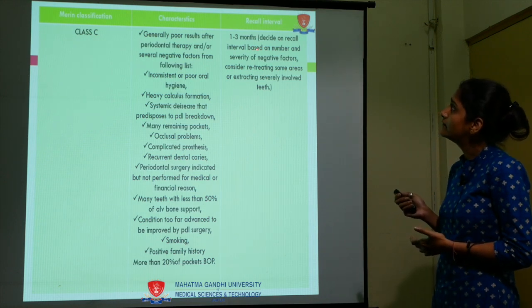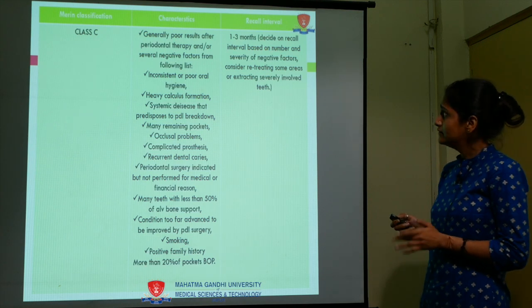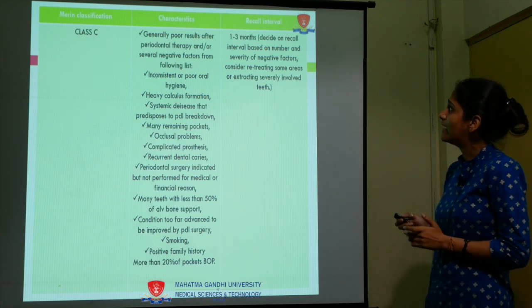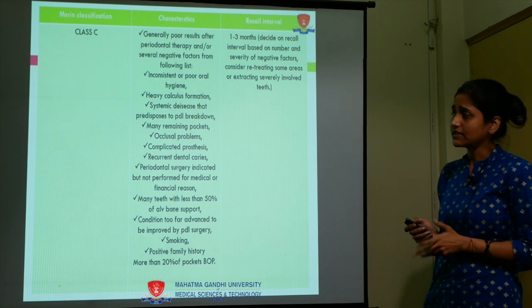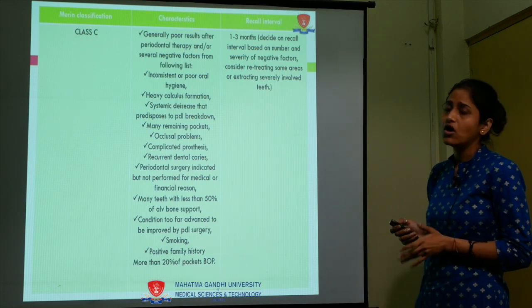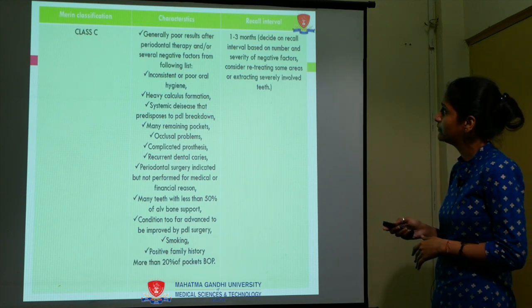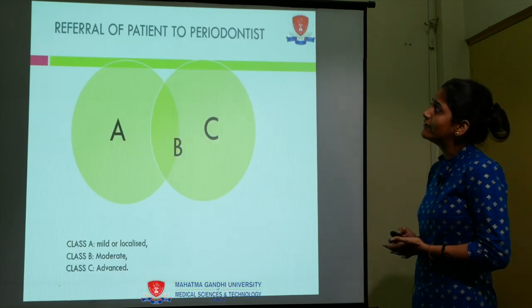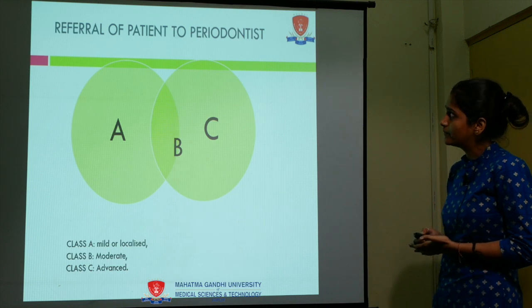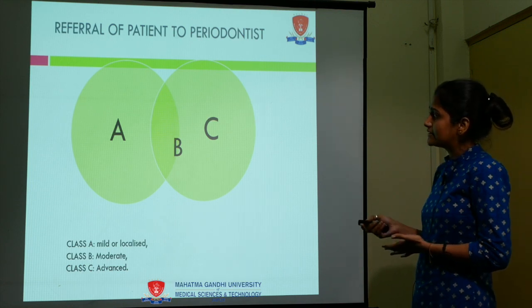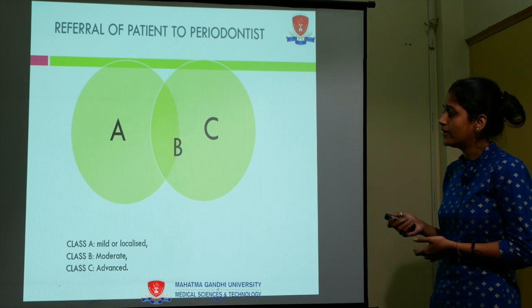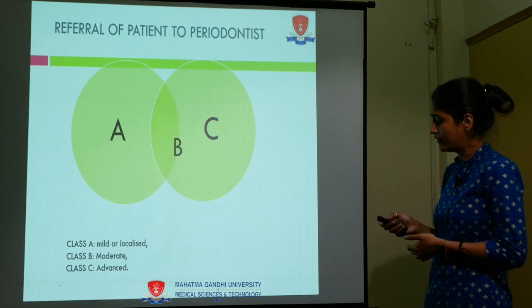Decide on recall interval based on number and severity of negative factors. Consider retreating some areas or extracting severely involved teeth. Referral of patient to periodontist: class A mild or localized, B moderate or advanced.